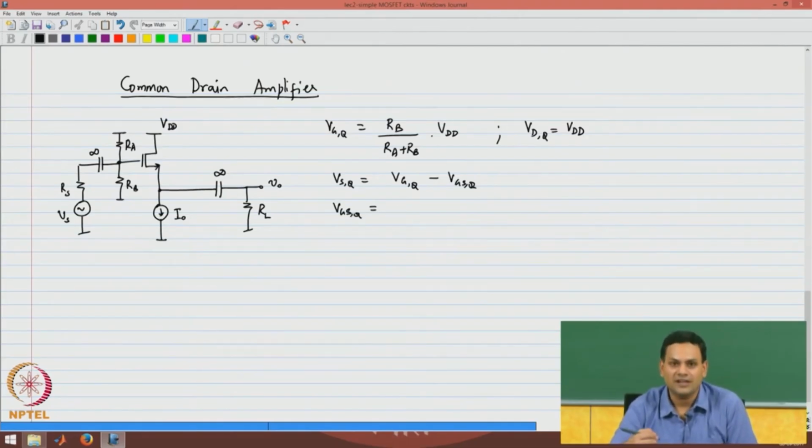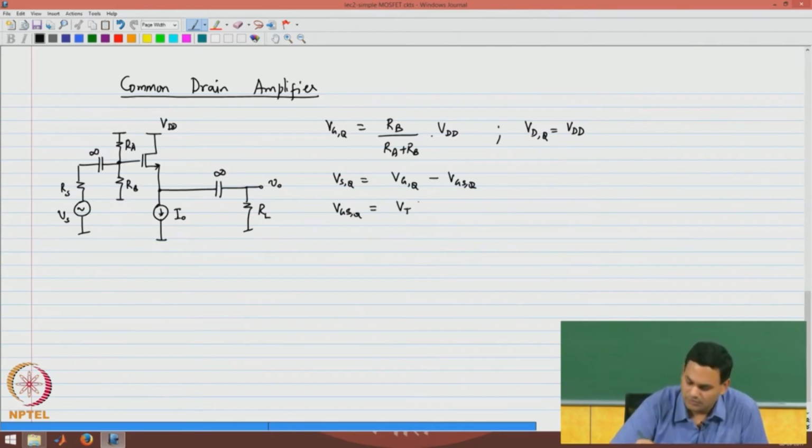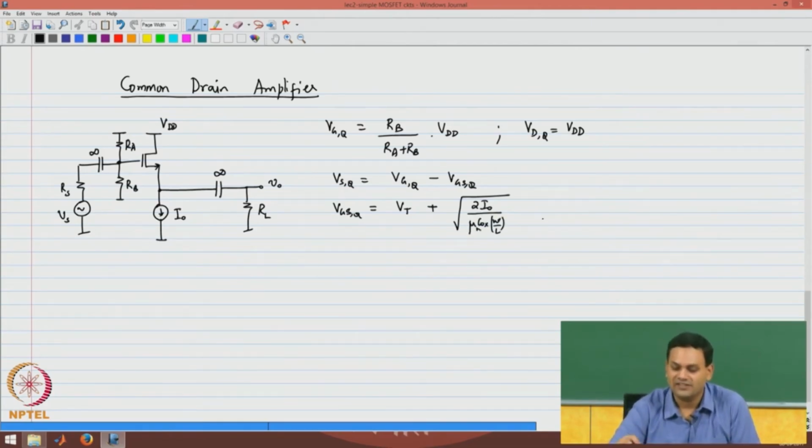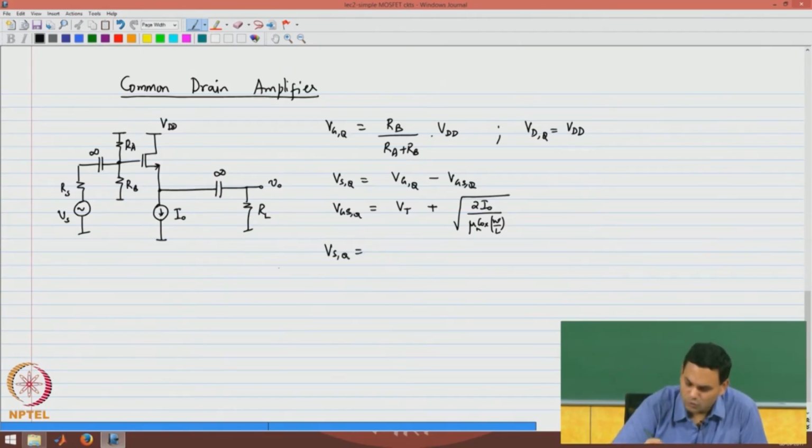This is now a function of the bias current through the transistor, which has to be equal to I naught, and therefore, this gate source voltage can be written as Vt plus root of I naught over mu n Cox W over L. I have derived this last equation purely from the device current voltage characteristics, and therefore, the quiescent voltage is this expression.